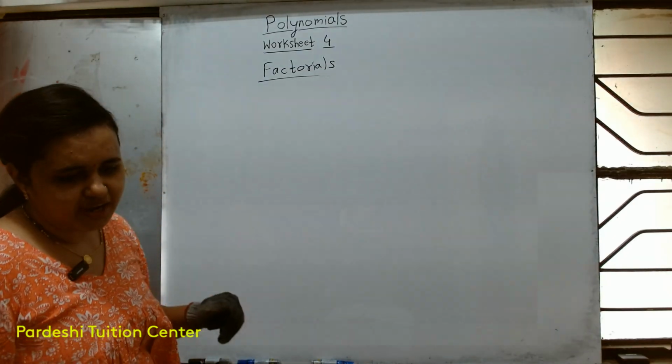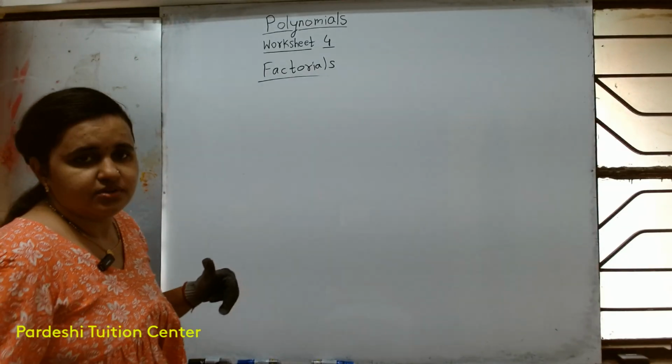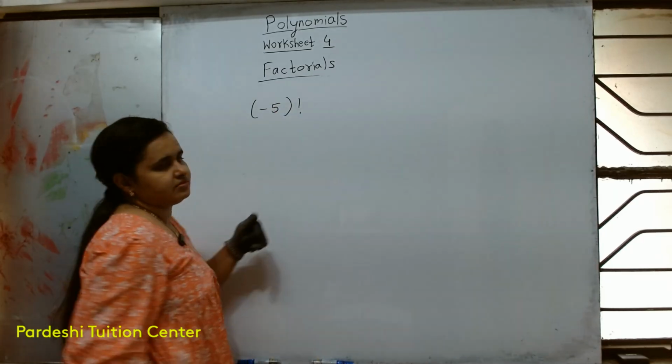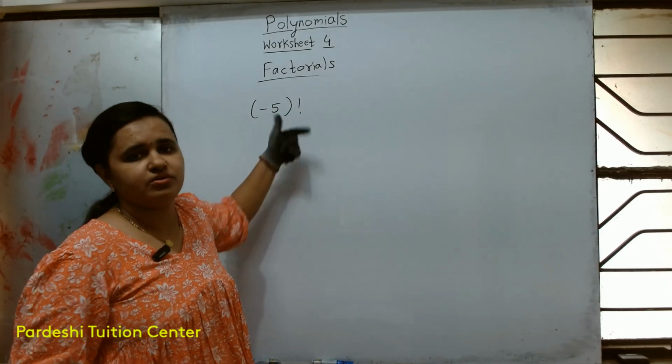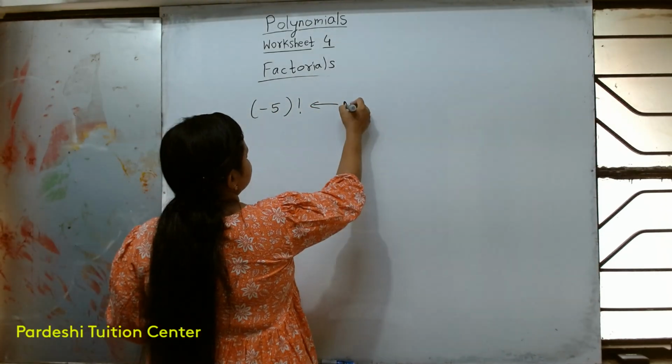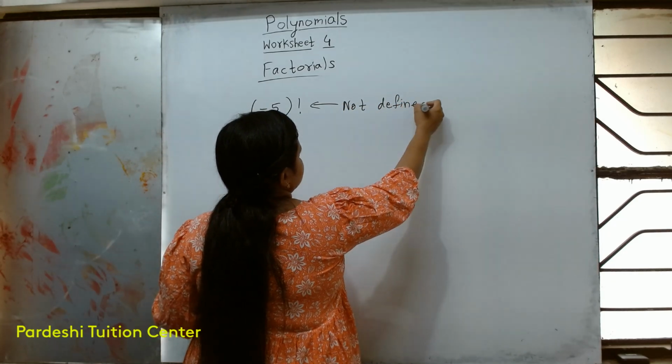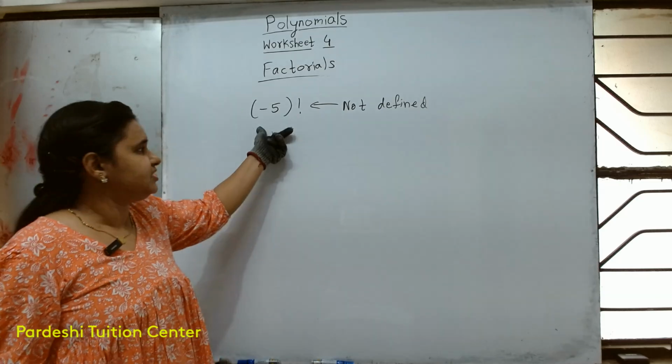Now, if I ask you what is the factorial of minus 5, can we define it? No, it is not defined. Factorial of negative integers is not defined.